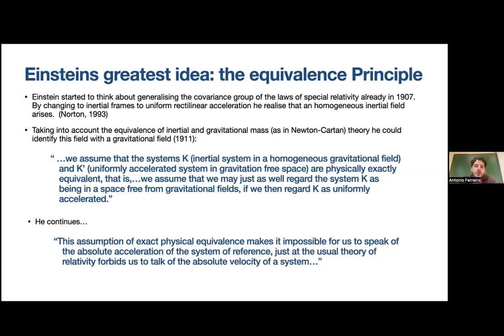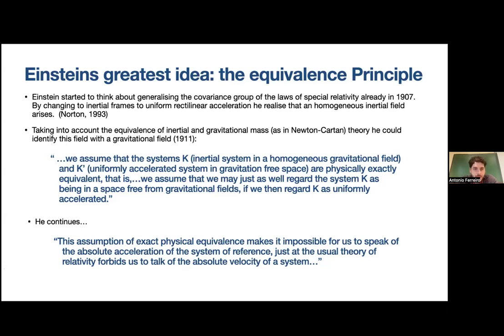So he started with the easiest case, which was the uniform rectilinear acceleration. And then he realized that in the laws of special relativity there was an introduction of what he calls a homogeneous inertial field.